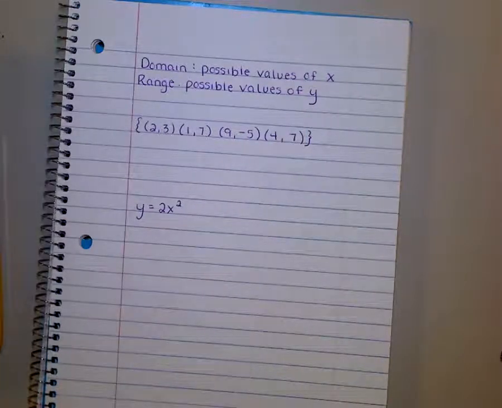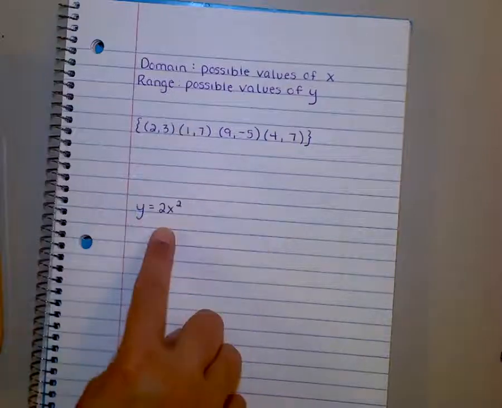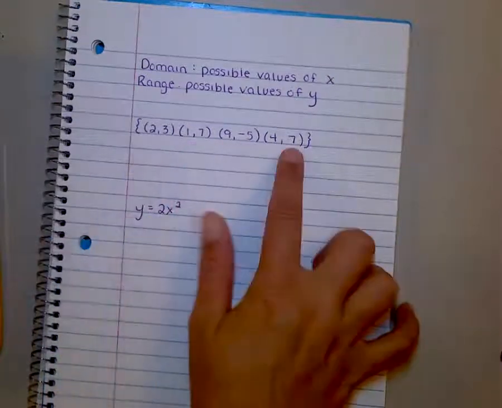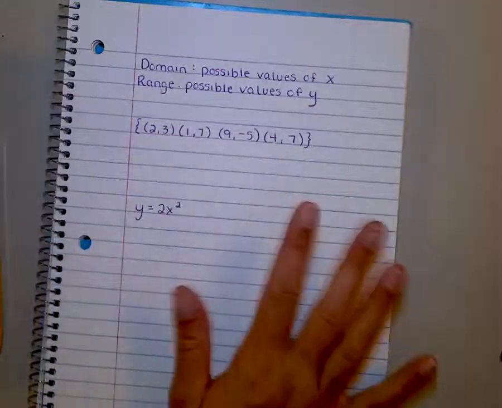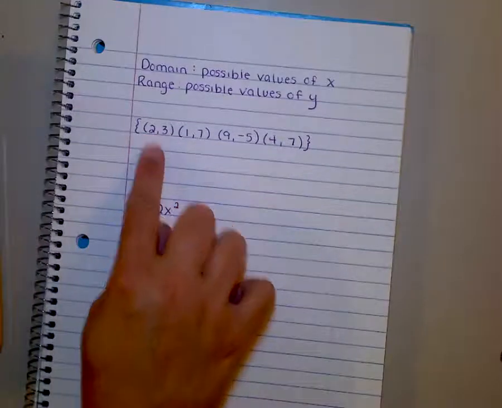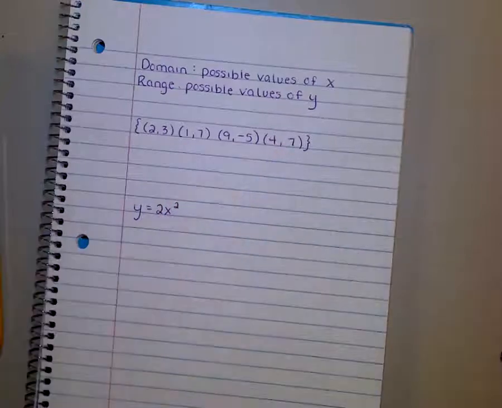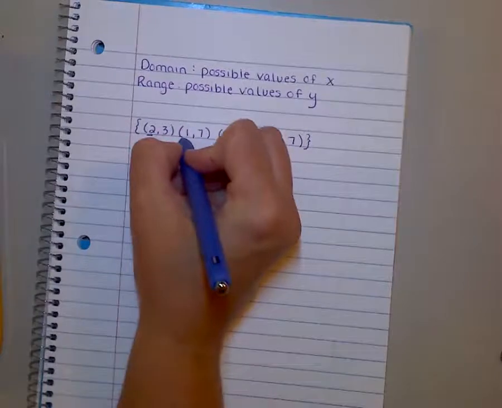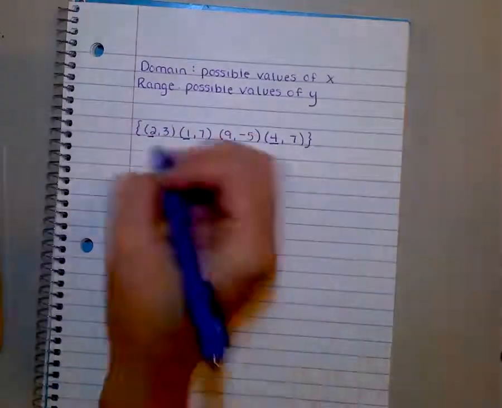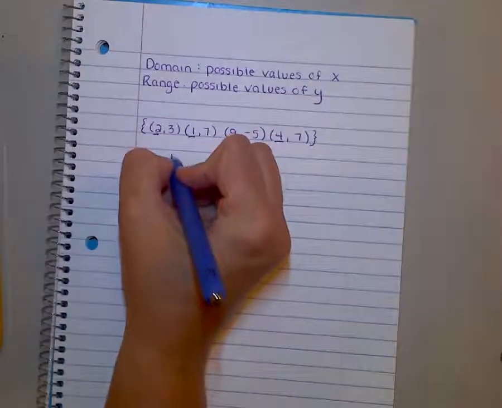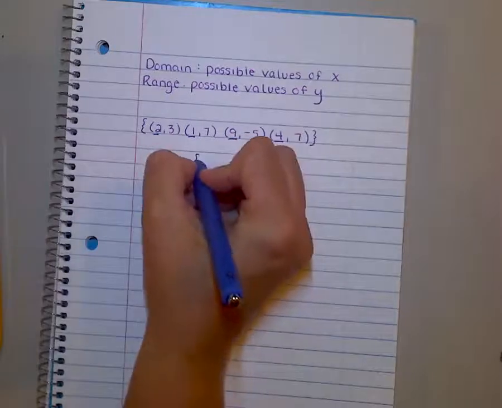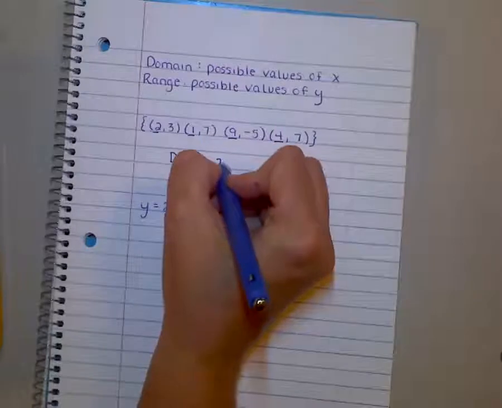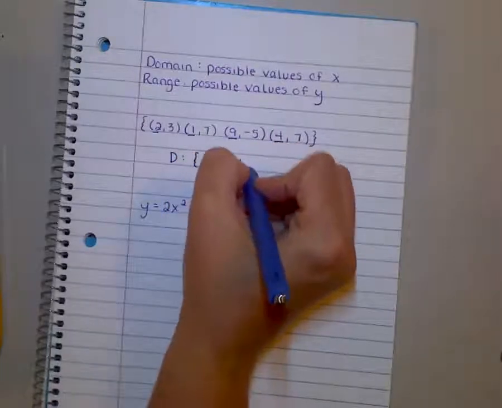So functions can show up in a lot of different ways, and I just did 2 examples here. When I have ordered pairs like this, you can see the entire function. This function consists of 4 pairs. As far as my possible values of x, this is a finite list. So for my domain, you're supposed to put these in order. I probably wouldn't mark it down if you didn't, but I would say 1, 2, 4, and 9.